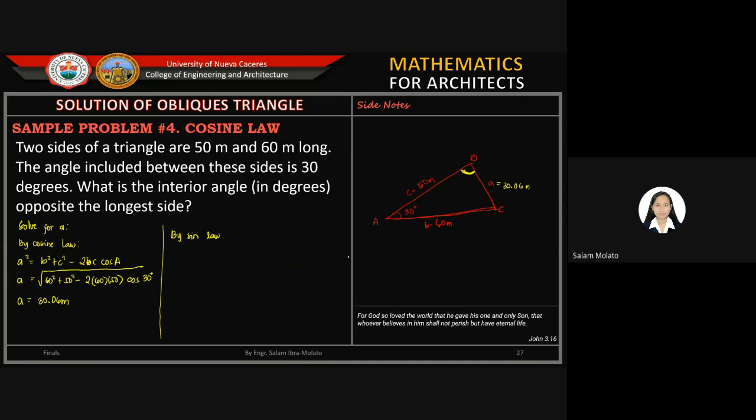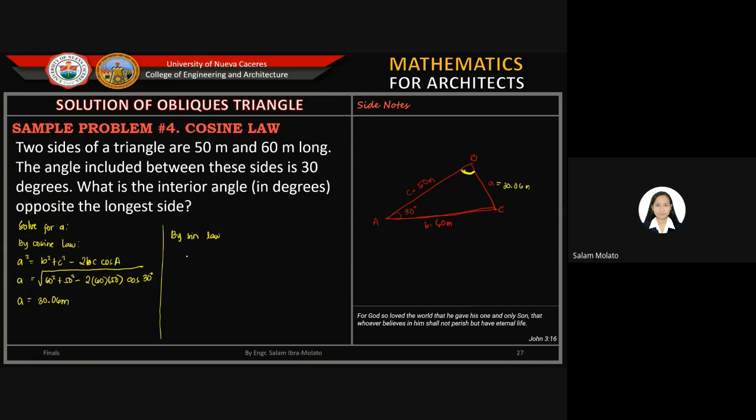You can use actually any law as long as tama yung pagkakagamit niyo or available yung information. Mas madali dito gamitin yung sine law compared to cosine law. So you go kung saan mas madali. Okay? Since applicable naman sa sine law yung given, so let's use sine law.